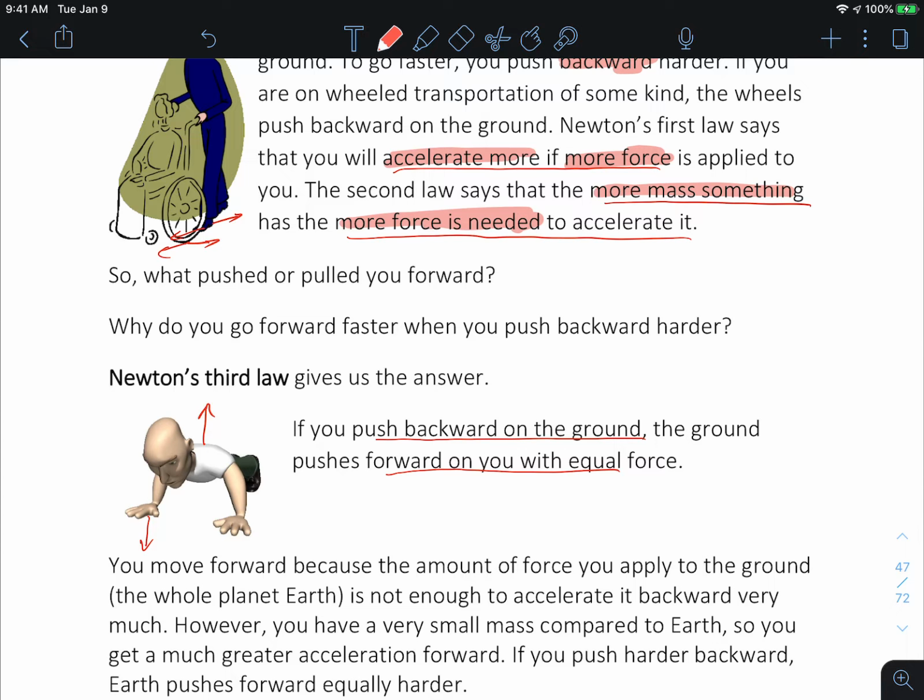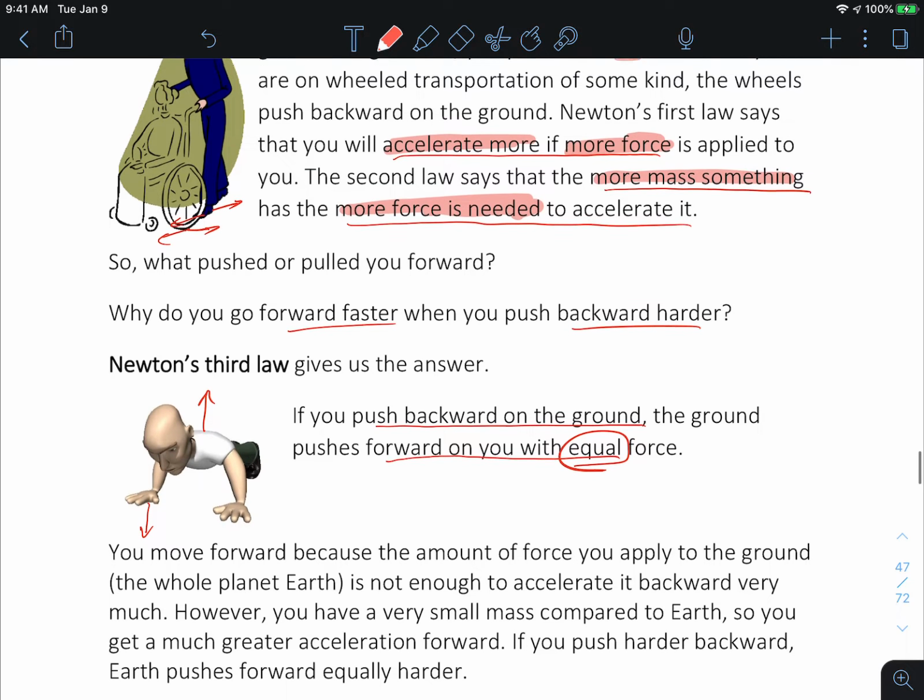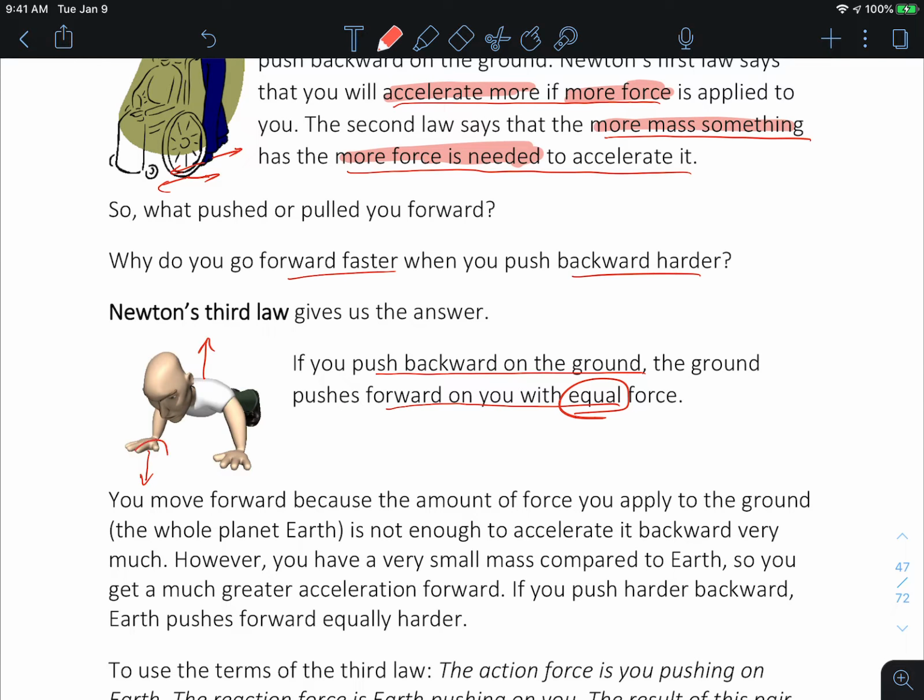So why do you go faster when you push backwards harder? Well, this is from the third law. If you push backwards, the ground pushes forward on you with an equal force. But you and the Earth are different masses, right? So this force being applied to the Earth in this push-up is a certain amount of force related to the mass of the Earth, and will give us some acceleration.